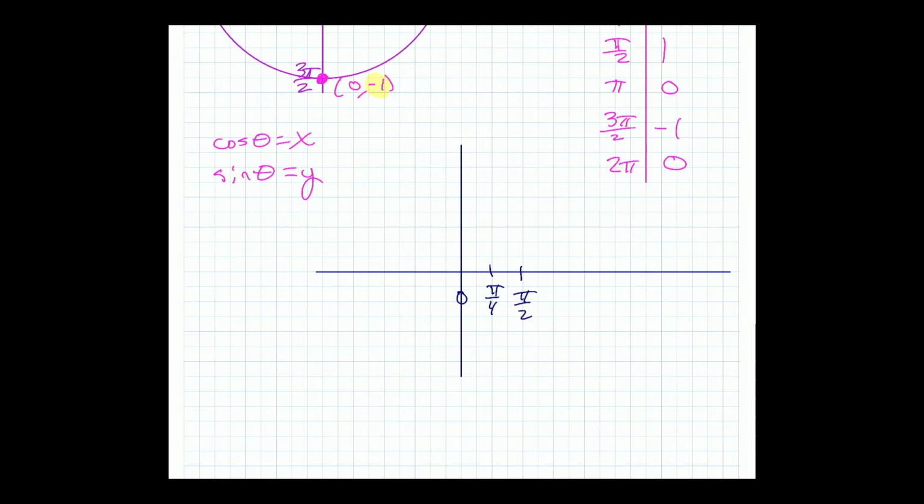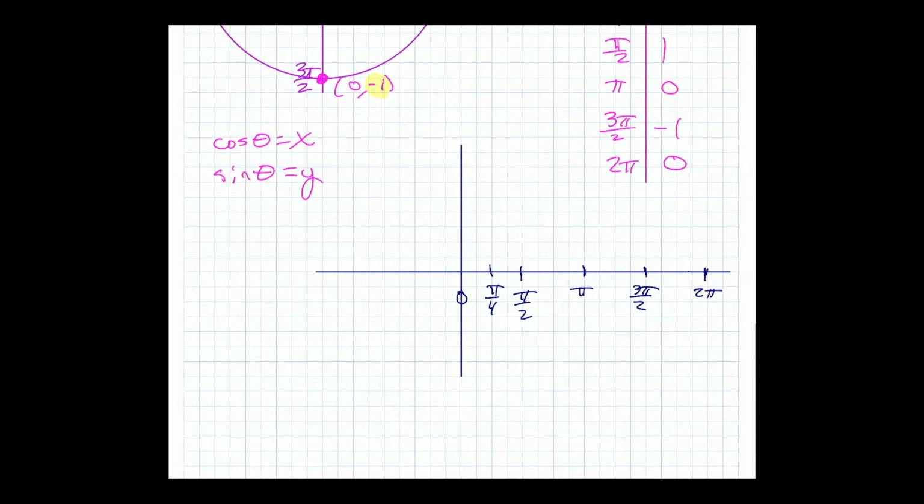So what I've set up here is axes where 4 boxes on my graph paper is pi over 2. So if I go 4 more, 1, 2, 3, 4 to here, this should be pi. 1, 2, 3, 4, this should be 3 pi over 2. And 1, 2, 3, 4, this should be 2 pi.